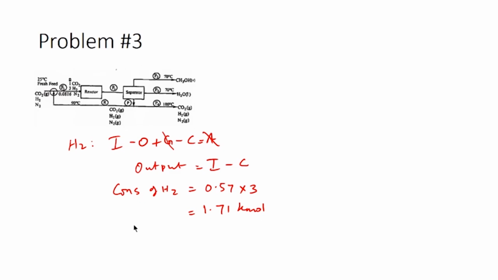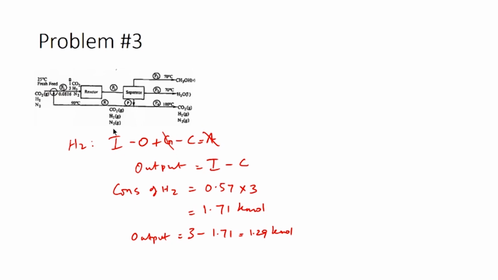Substituting this value for consumption and the value for input, the output for hydrogen from the system would be 3 minus 1.71, which is 1.29 kilomoles. So, now we know that the product stream P contains 1.29 kilomoles of hydrogen and 0.43 kilomoles of carbon dioxide.